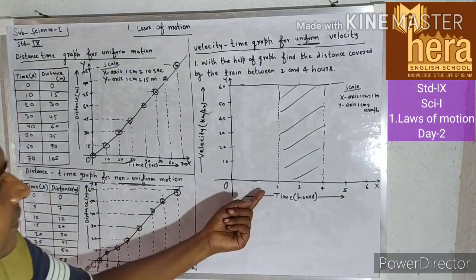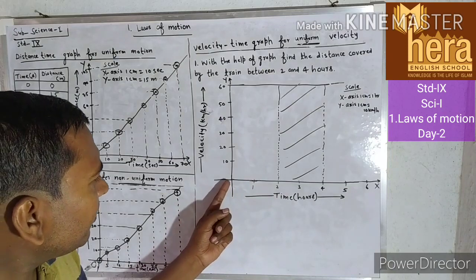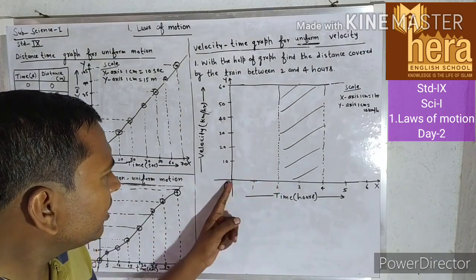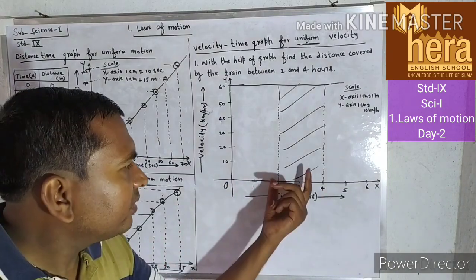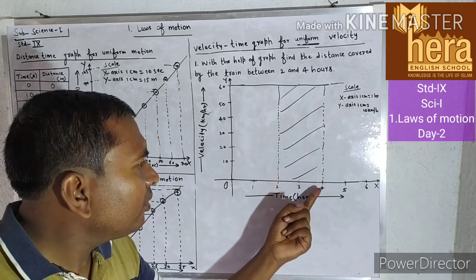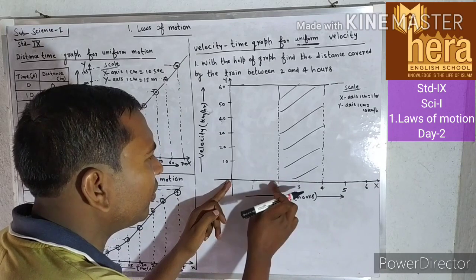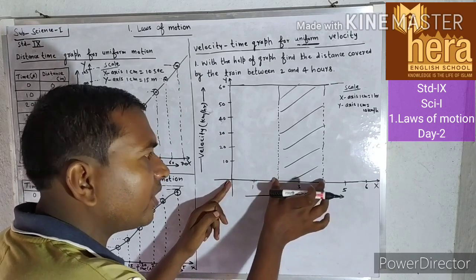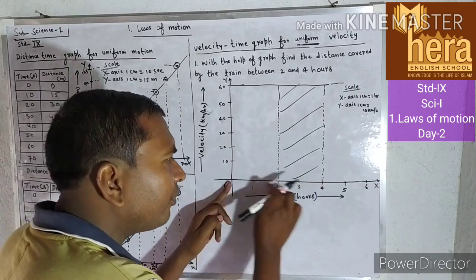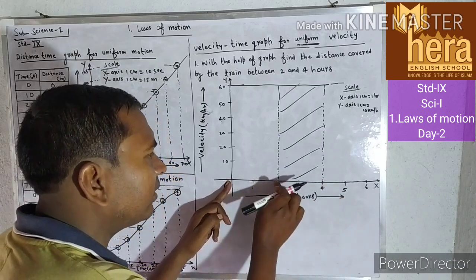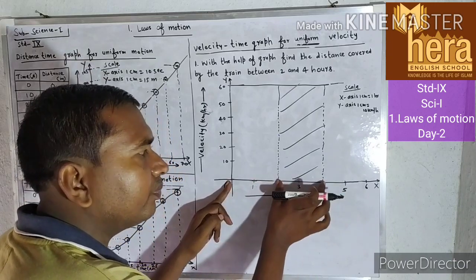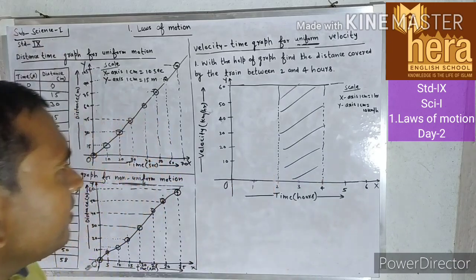From here to here, this is 2, here to here, this is 4, right? So this interval will be equal to 4 minus 2, that will be equal to 2.